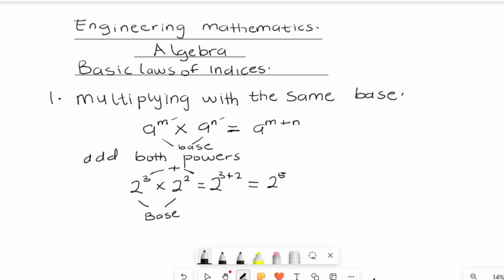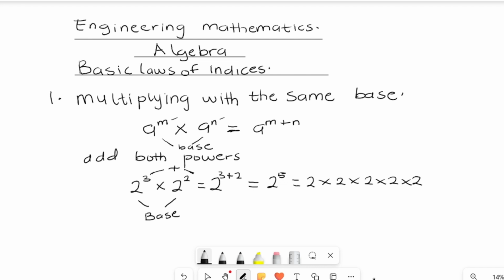And in our previous video, when we were expanding this index, we called this an index form. We defined index form as simply writing in numbers and powers. So we'll have that 2 raised to power 5 will be equal to 2 times 2 times 2 times 2 times 2.